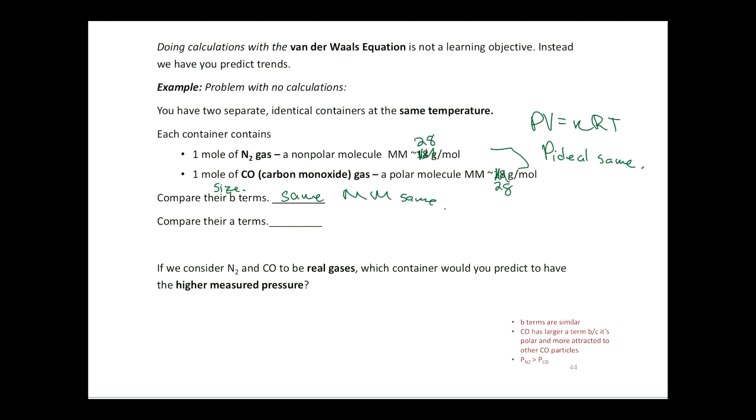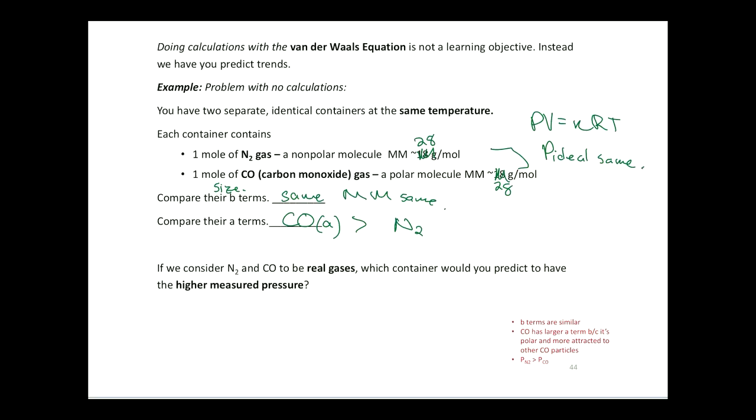Which sample are the molecules going to be more attracted to one another? Yeah, CO, the molecule that's polar. Yeah, so the A term for CO is going to be larger than N2. In CO, the particles are more attracted to one another. Okay, so B terms are the same, but A terms are different.